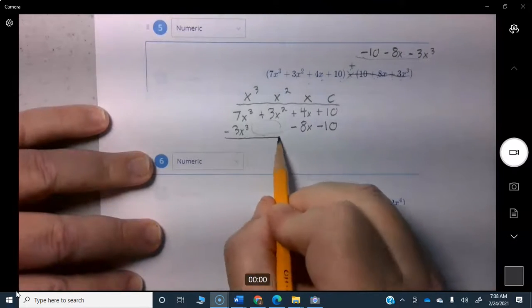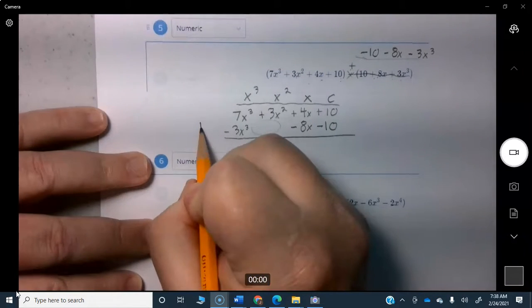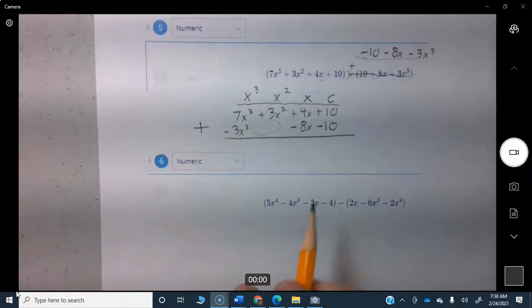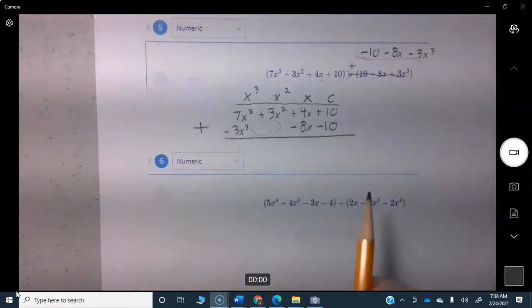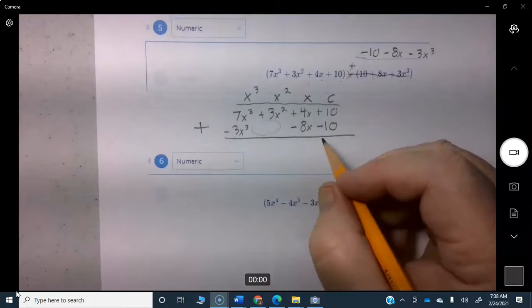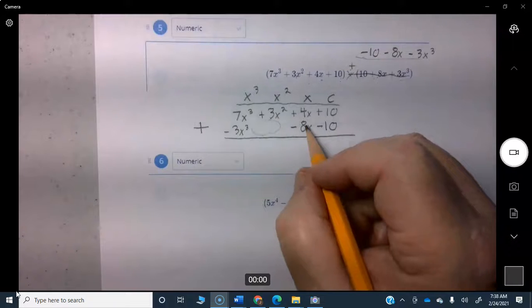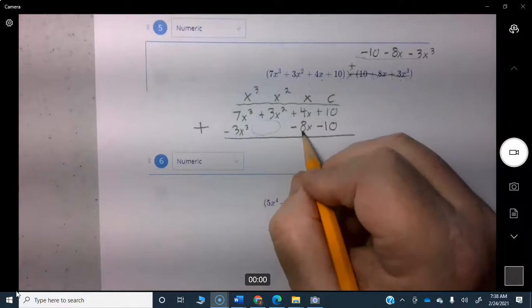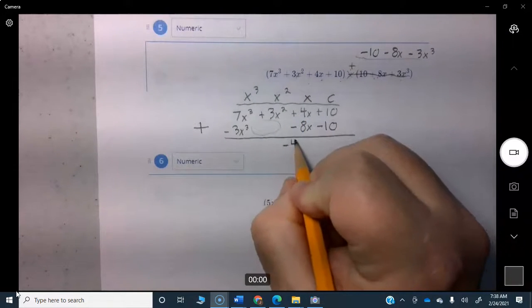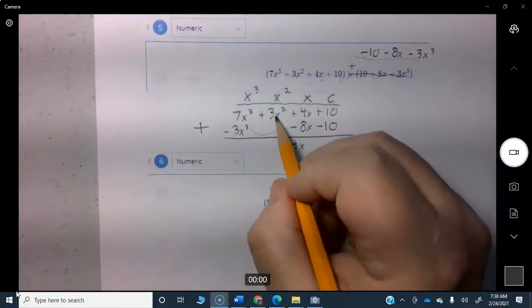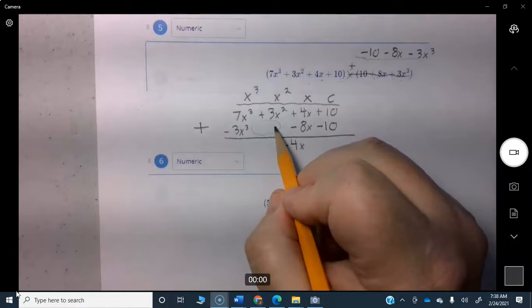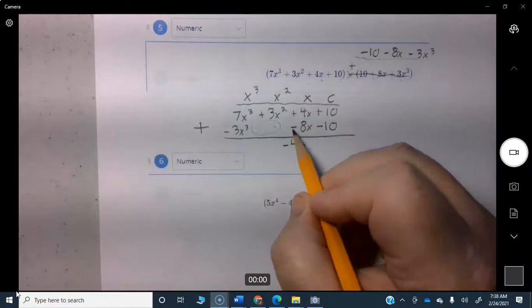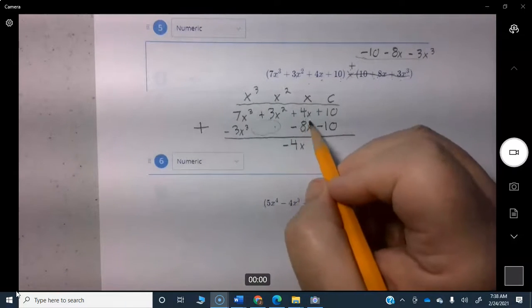Okay, and now we add. So now it's an addition problem, not a subtraction problem. Once you change those signs, it becomes an addition. So 10 minus 10 is 0. You don't have to write anything there. 4 minus 8 is going to be negative 4x. Really this was 4x plus negative 8x, but I just said minus 8.